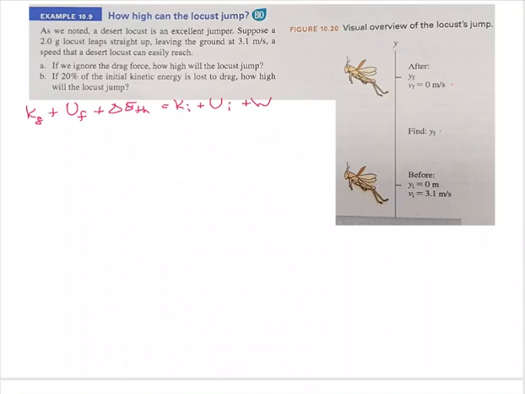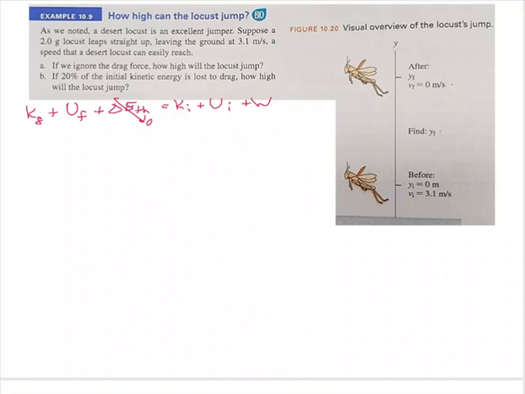So now our job right now would be to get rid of the things that are definitely 0. So what's definitely 0 here? Thermal. There is no drag, so we're not going to lose any energy to heat.